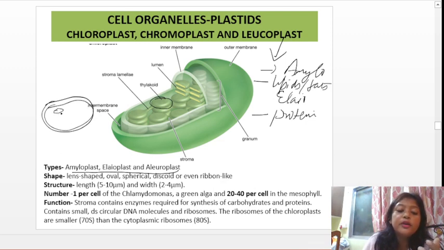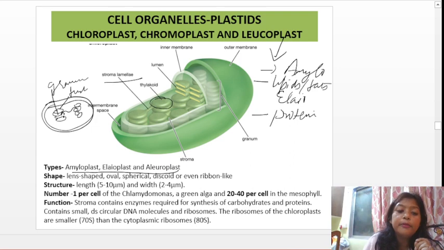When many thylakoids are stacked together, it is known as the granum. But when it's single, it's known as the thylakoid. When there are many stacked coil structures, they are attached by a thread-like structure known as the stroma lamella.